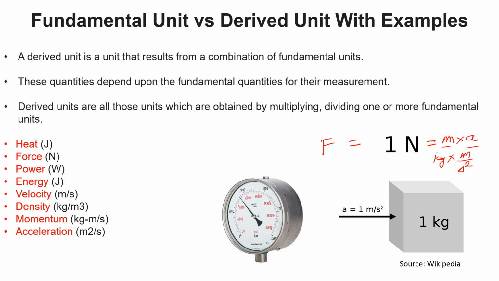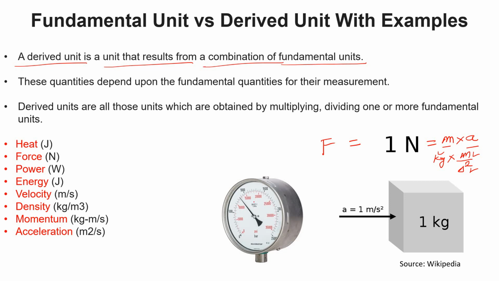Now, kg is a fundamental unit, meter is a fundamental unit, and second is also a fundamental unit. So that's why we say that a derived unit is a unit that results from the combination of fundamental units. I hope you understood my point.